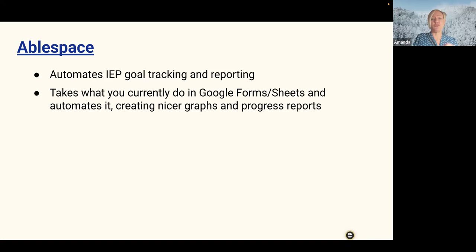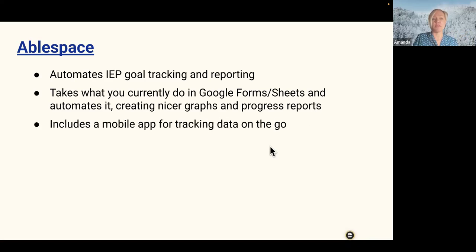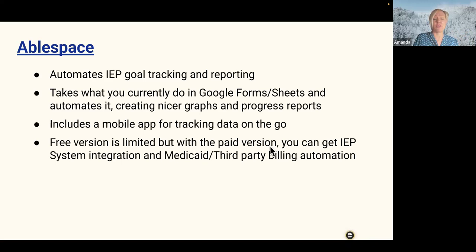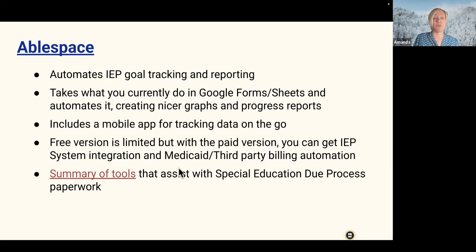It takes what you currently do to track data in Google Forms and Sheets and automates it, creating nicer graphs and progress reports. It includes a mobile app for tracking data on the go. The free version is kind of limited, but with the paid version you can even get IEP system integration and third-party billing automation, which people really like.